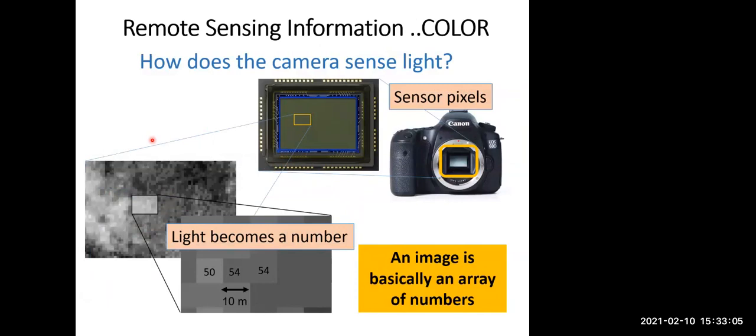So moving forward, to understand what an image is: basically an image is an array of numbers. When the light gets into the lens of the camera, the light goes into an array of pixels that are sensitive to light, and each pixel reacts, producing a signal. This signal is measured and converted to a number.